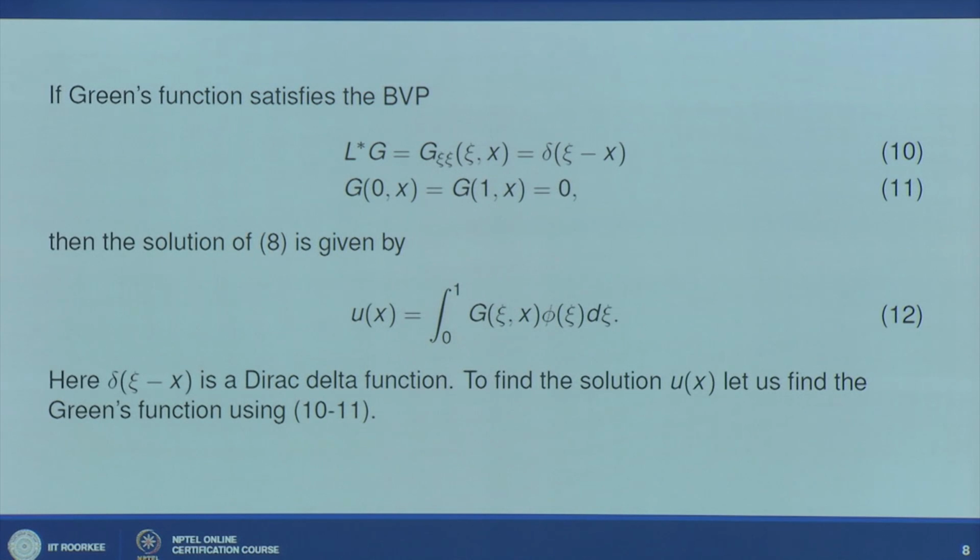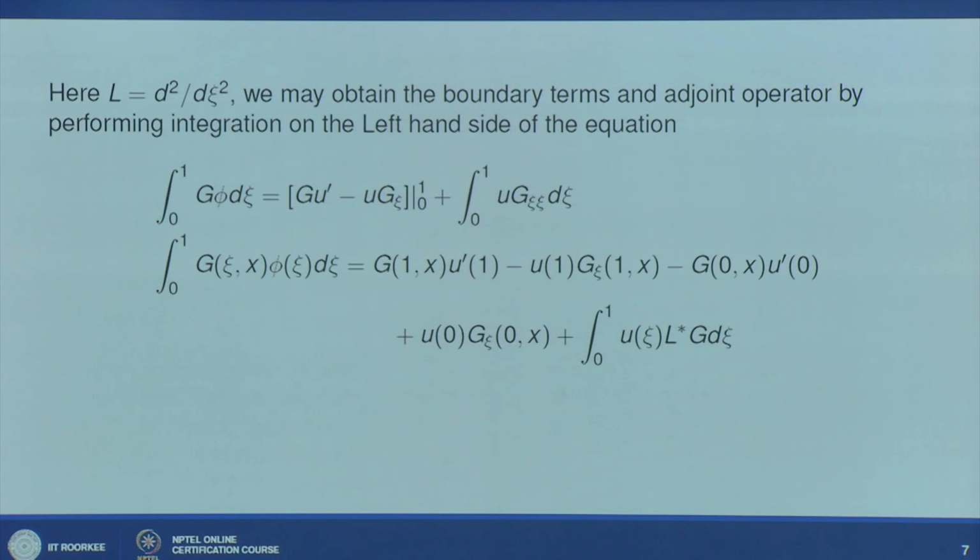This is an additional condition we are putting here, that the Green function should satisfy this second order ordinary differential equation plus g(0,x) equal to g(1,x) equal to 0. If we use this, then the last term, the integral from 0 to 1 of u(xi) times delta(xi minus x), where delta is the Dirac delta function.